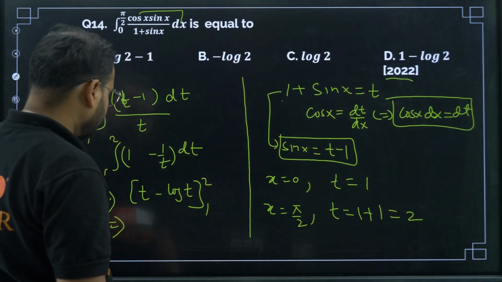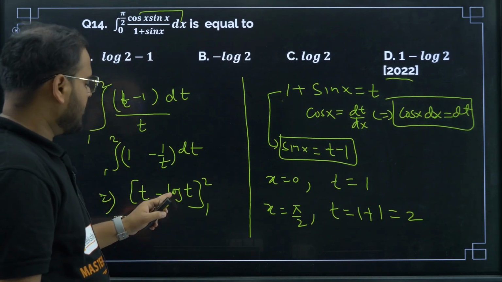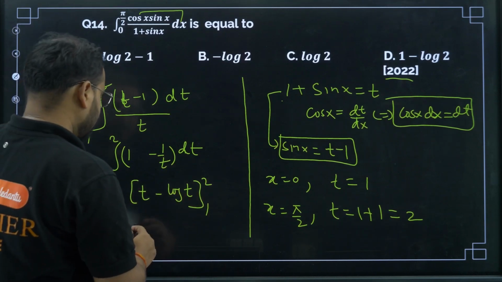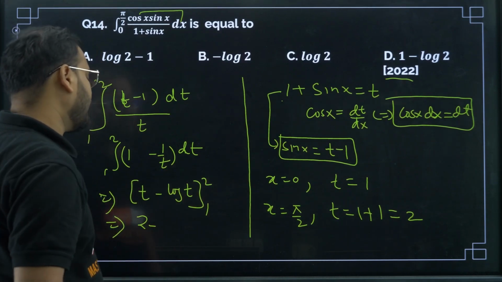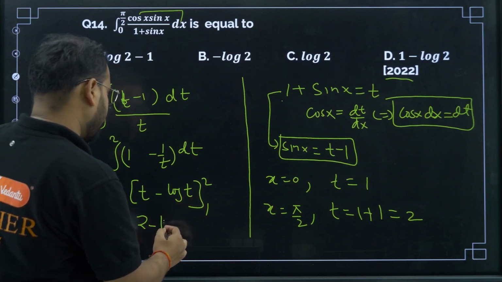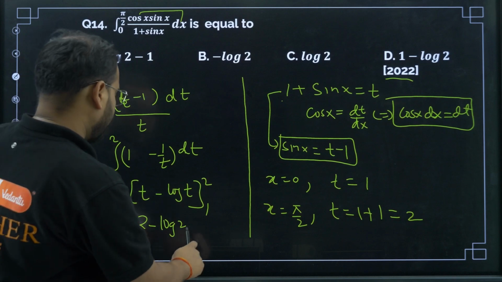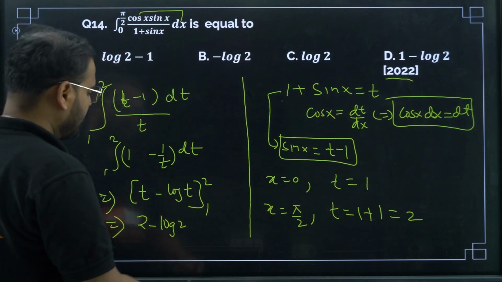For 1 we'll have t. For 1 by t we'll have log t. So 1 to 2. Put 2 first, so we'll get 2 minus log 2, right? Now put the limit as 1. What are you going to get?